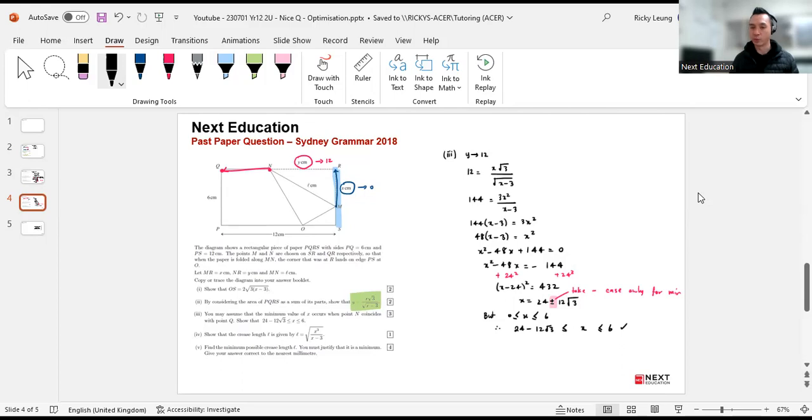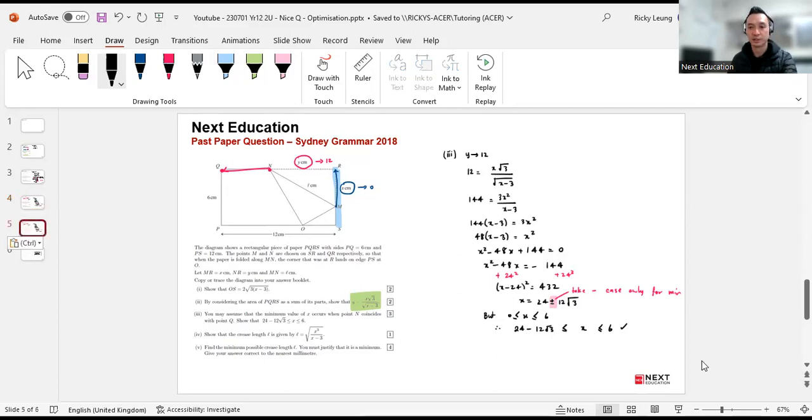When y equals 12, we got that x equals 24 plus or minus 12 root 3. The plus version is obviously the bigger one, and we don't want that. We want the smaller one. 24 minus 12 root 3 is the lower bound, but we know that x can't be bigger than 6, therefore x is bound between them. Yeah, is that okay? All right, let's keep going.